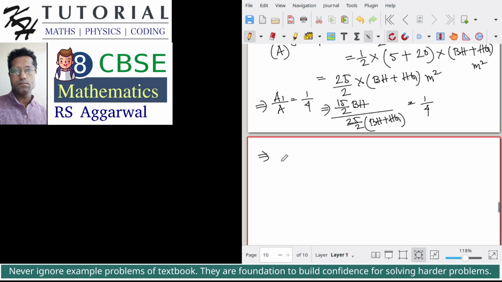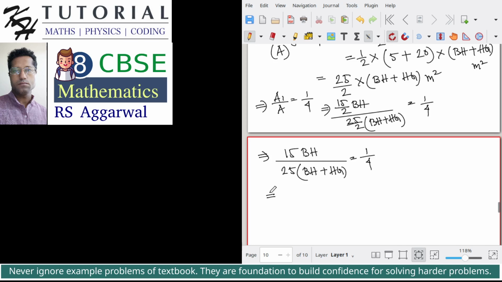Simplifying the LHS, we get 15 BH divided by 25 (BH plus HG) is equal to 1/4.